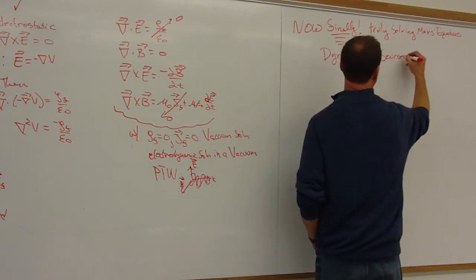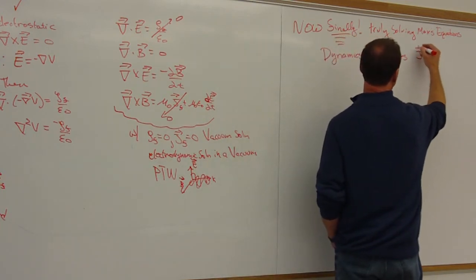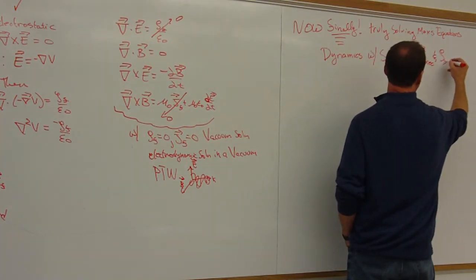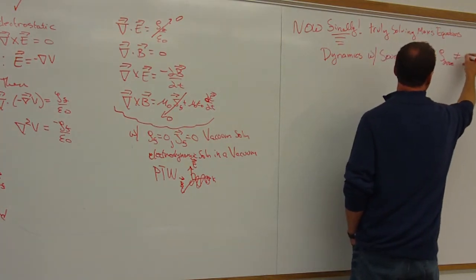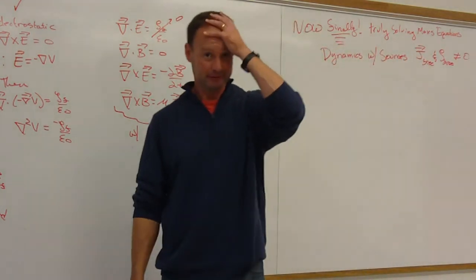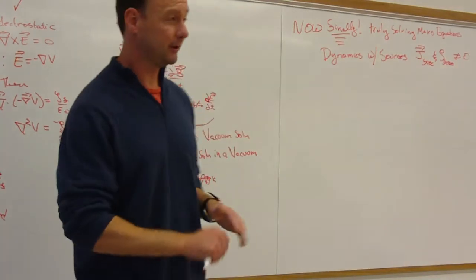And what I mean by sources in this case is J free and rho free not equal to 0. See the big difference where we're going here?